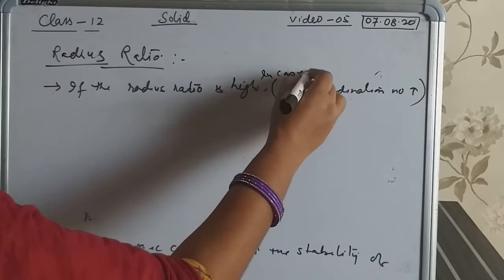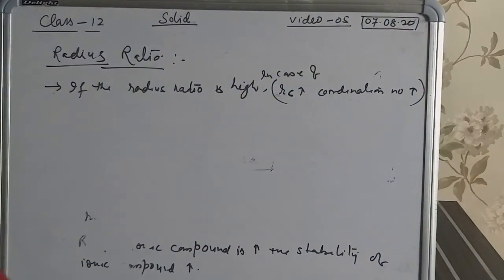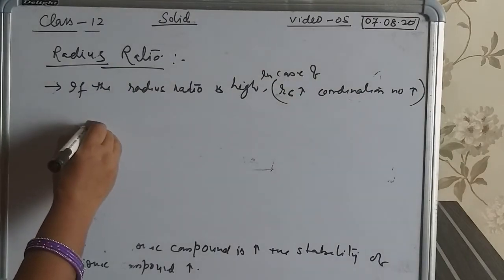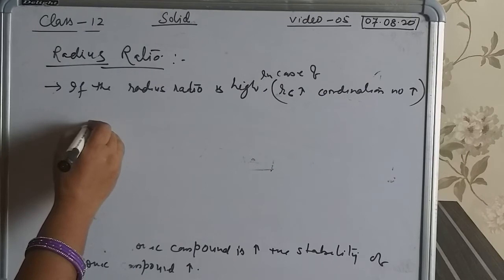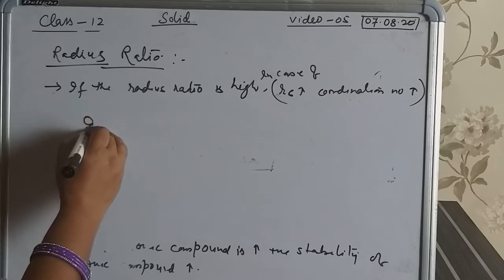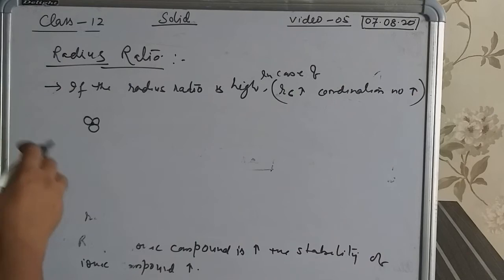In case of radius of cation, C stands for cation. Suppose we have a smaller size of cation, so only 1, 2 or 3 anions surround it, because the cation is smaller and fixed in the voids.